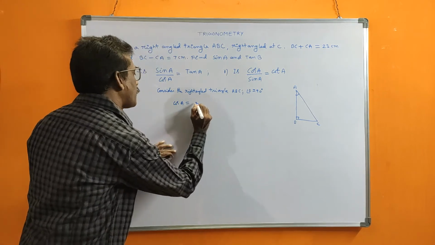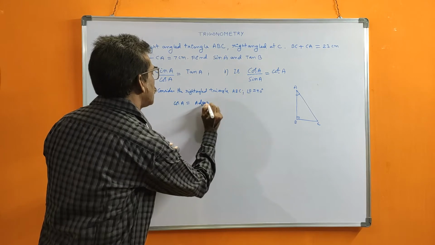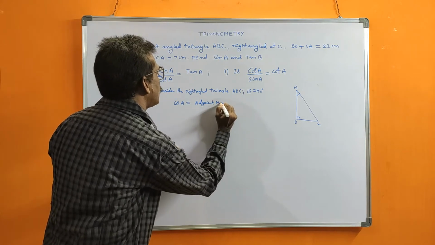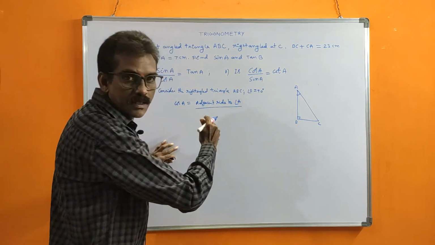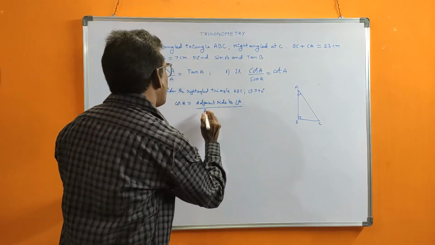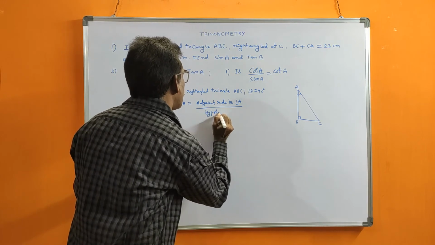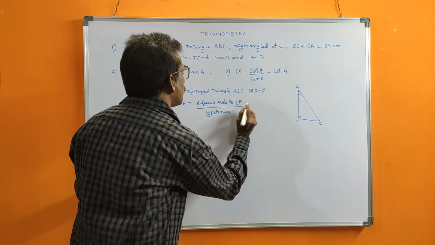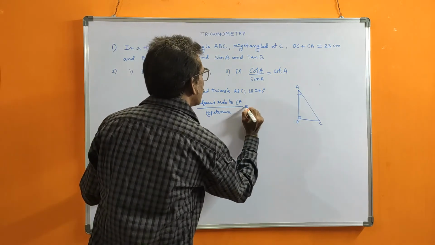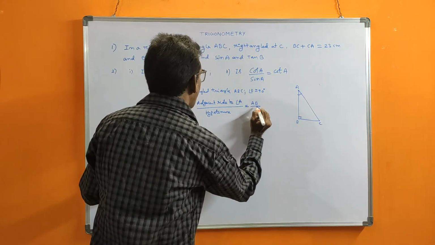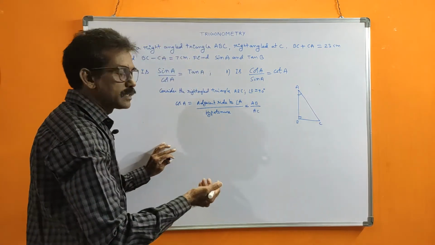Cos A formula is adjacent side by hypotenuse. So for A, adjacent side AB by hypotenuse AC. Values not there means leave off.